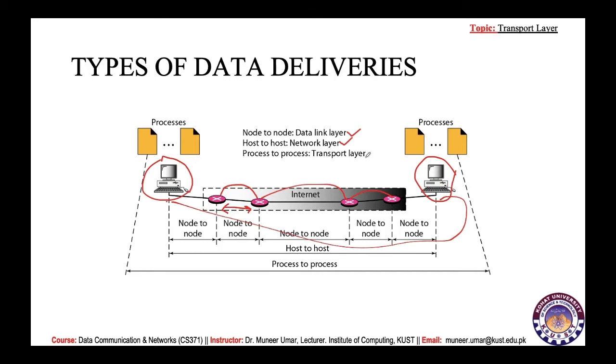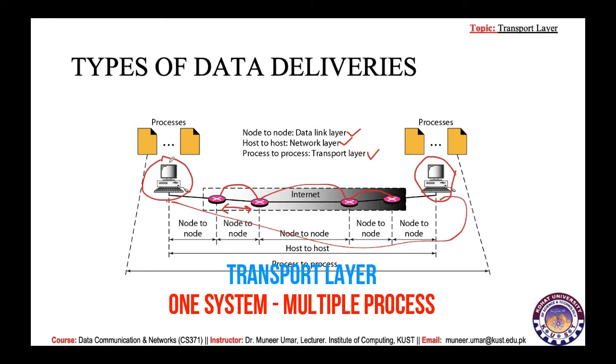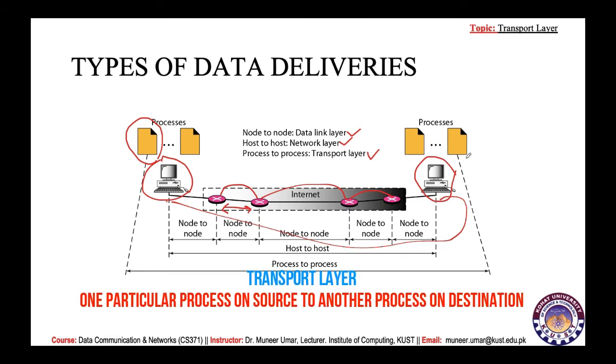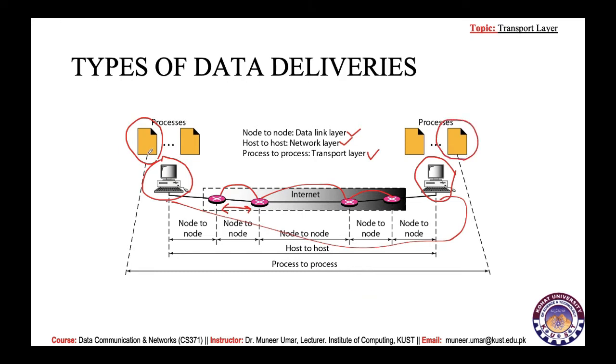Now, if we look into the transport layer, there would be several processes on a system. Among these processes, one process may send data to another process on the destination host. This responsibility is taken by the transport layer.